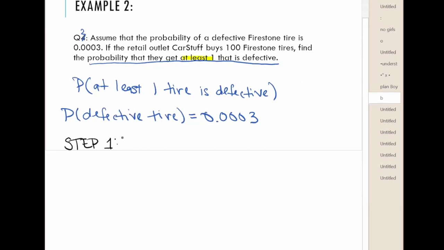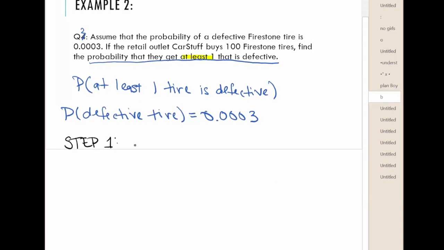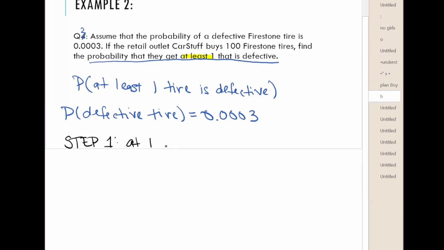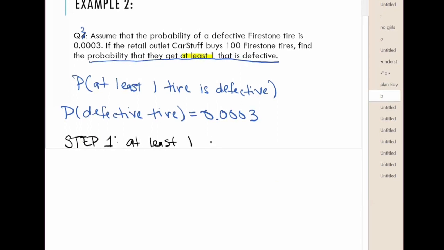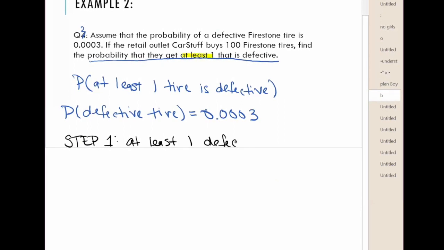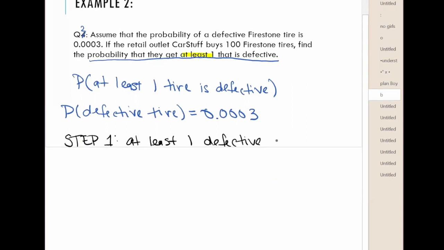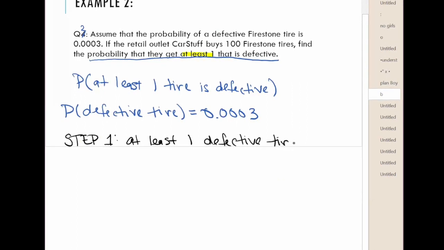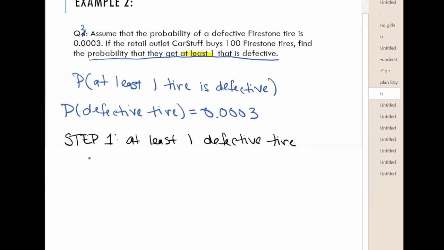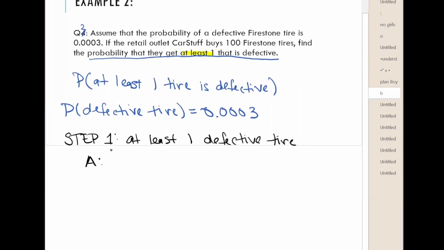Step 1 is just basically, what am I looking for? Well, I want the probability of where I have at least one defective tire. And that is actually my event, which I'm going to call A from here.